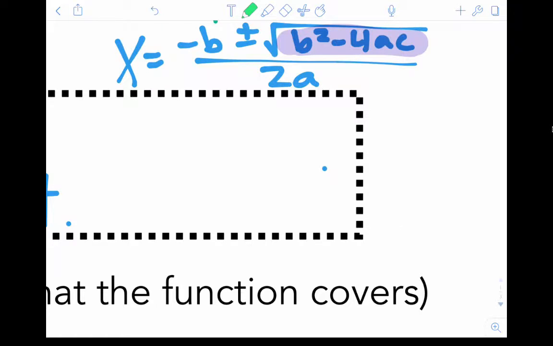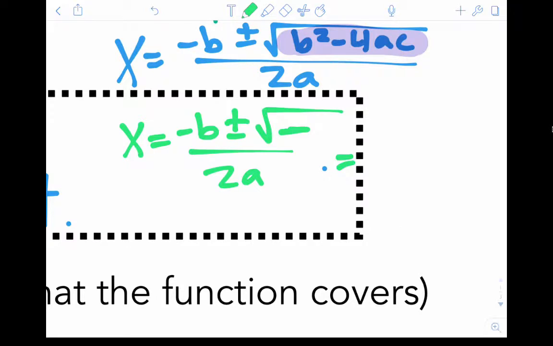Our first option was if it was negative. Well, if I had x equals negative b plus or minus the square root of some negative number over 2a, the square root of a negative would end up getting me i. We don't work with i when we're graphing. I don't know how to graph a number that has i in it. So that tells me that we can't graph those points, so there are no x-intercepts if it's negative, because that creates an i.